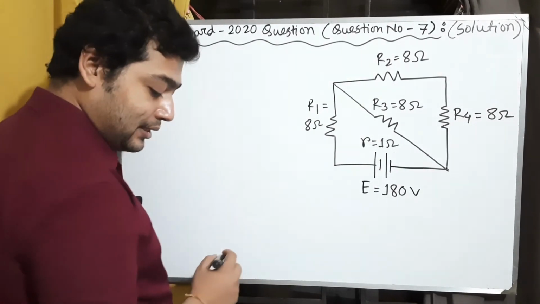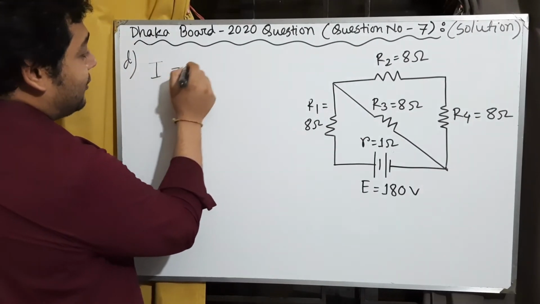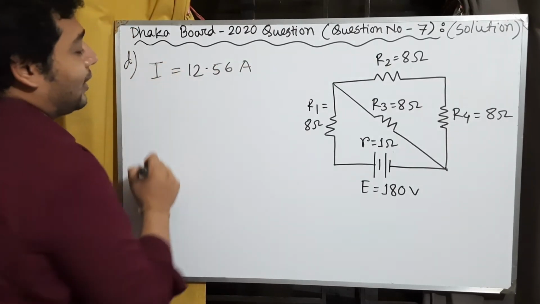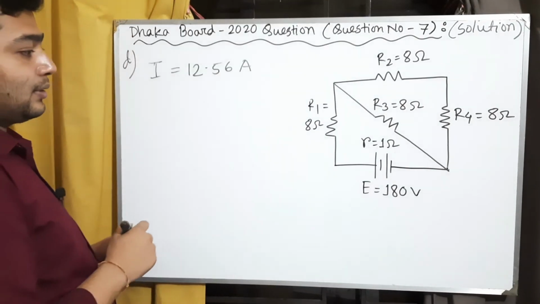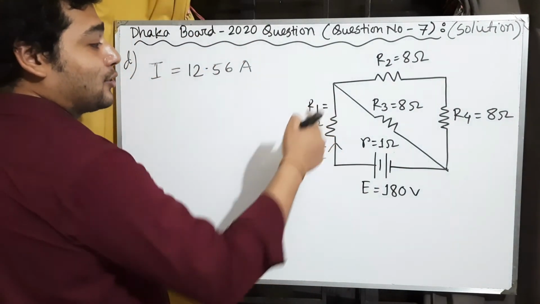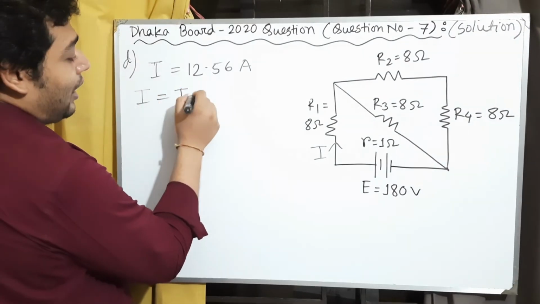From C we get I equal to 12.56 amperes. The main current I flows through R1, so we can write I equal to I1.